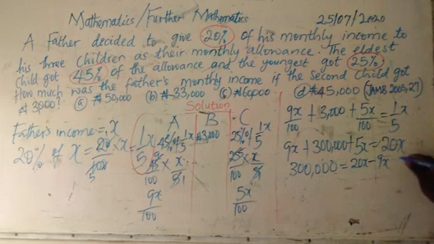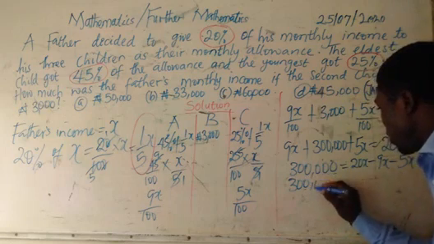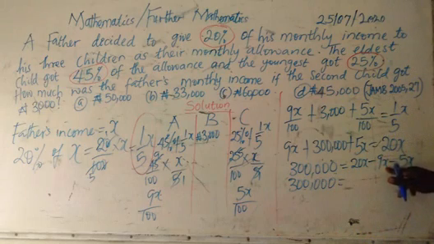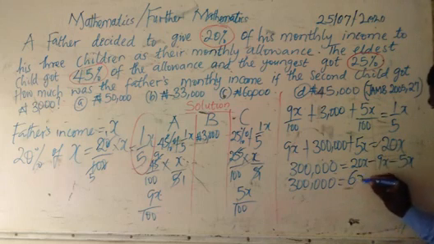This is coming to the other side, minus 5x. So we now have 300,000 equal to 20x minus 9x will give us 11x. And 11x minus 5x will give us 6x.